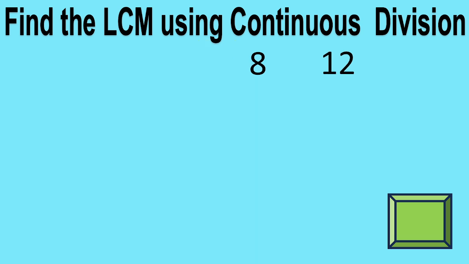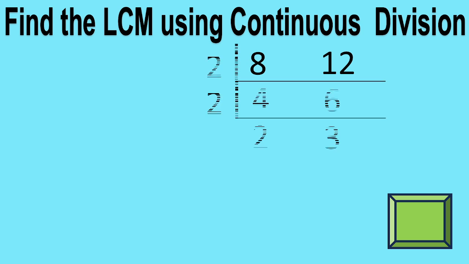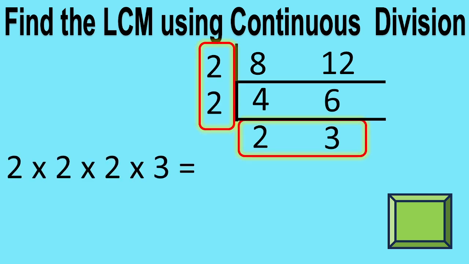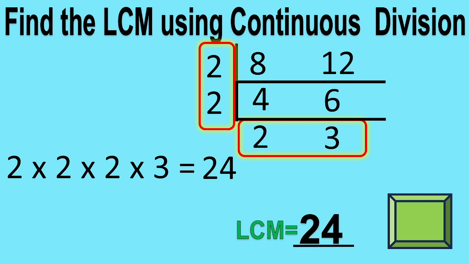Another, 8 and 12. Time's up. The answer is 2 times 2 times 2 times 3 equals 24. The LCM is 24.